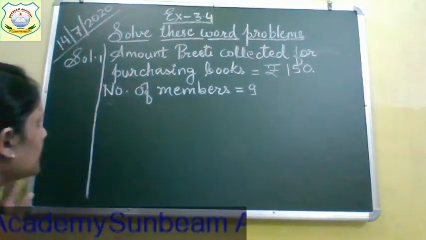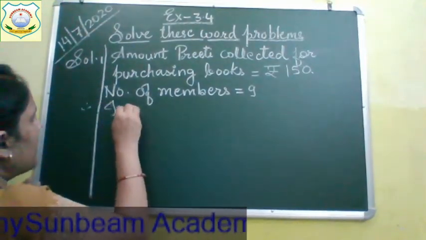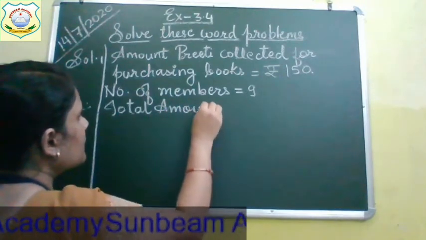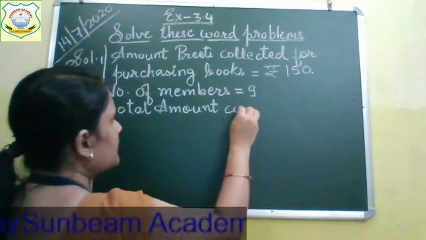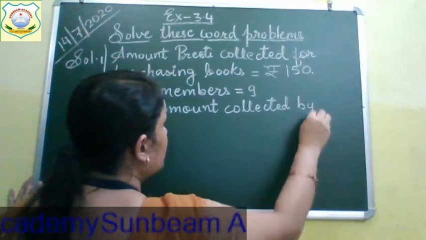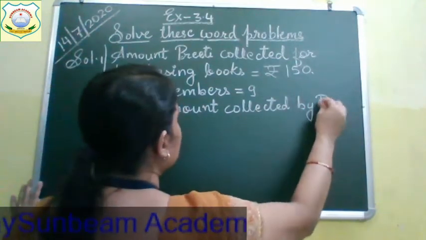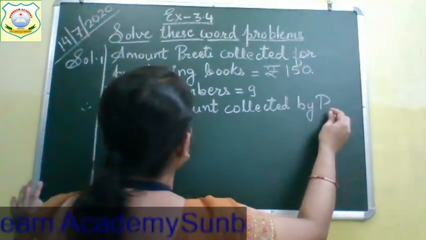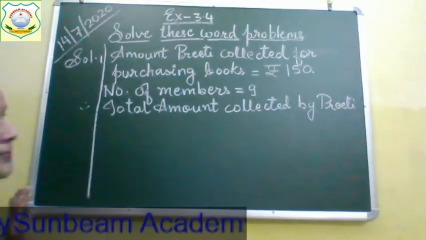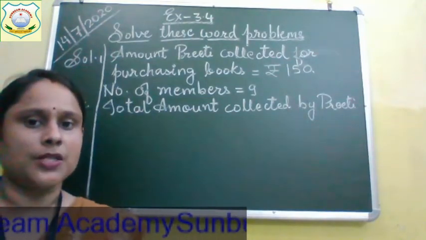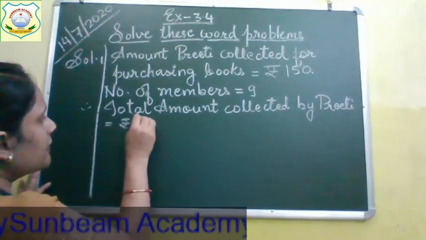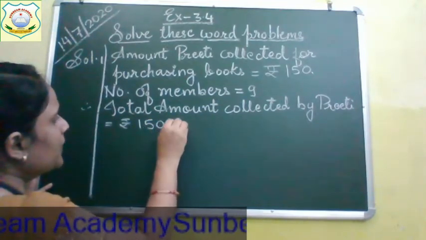So we will write, therefore, total amount collected by Preeti is equal to rupees 150 into 9.